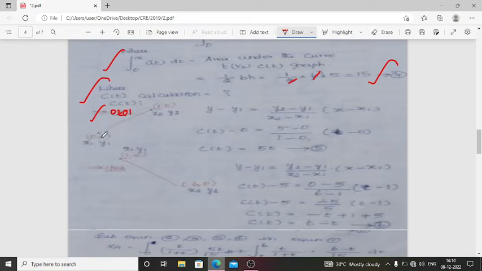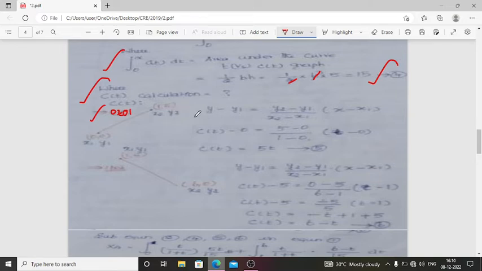So C(t) for the first range is 0 to 1. In this range, we have (x1, y1) as (0, 0) and (x2, y2) as (1, 5).